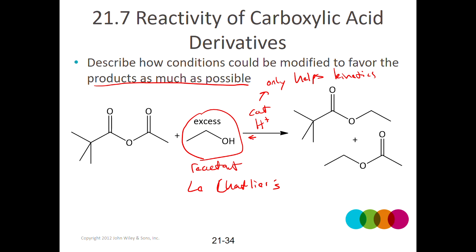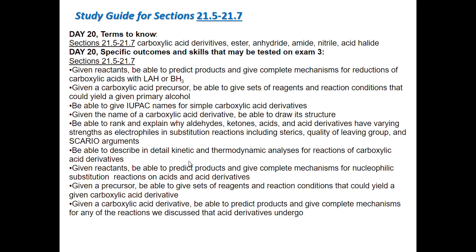So we might use that, as we were saying, as the solvent in the process to help shift the equilibrium toward the product side of that. The whole process would be at equilibrium. And that's where we needed to get to today.